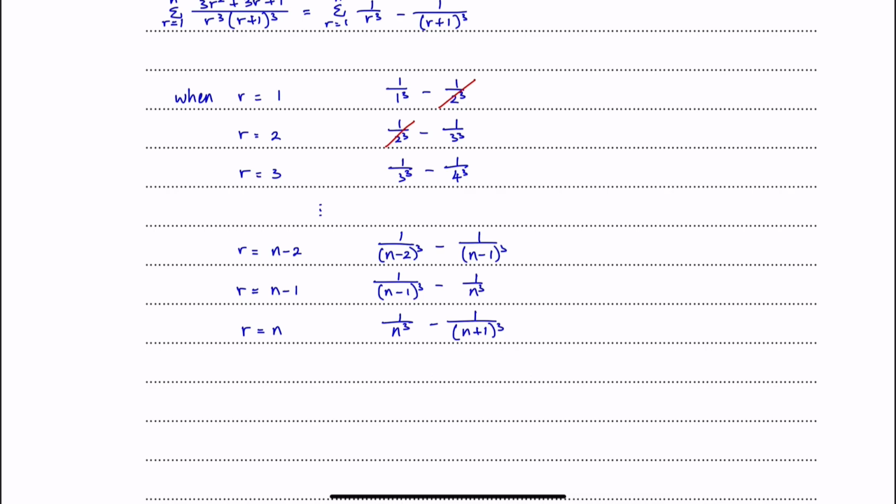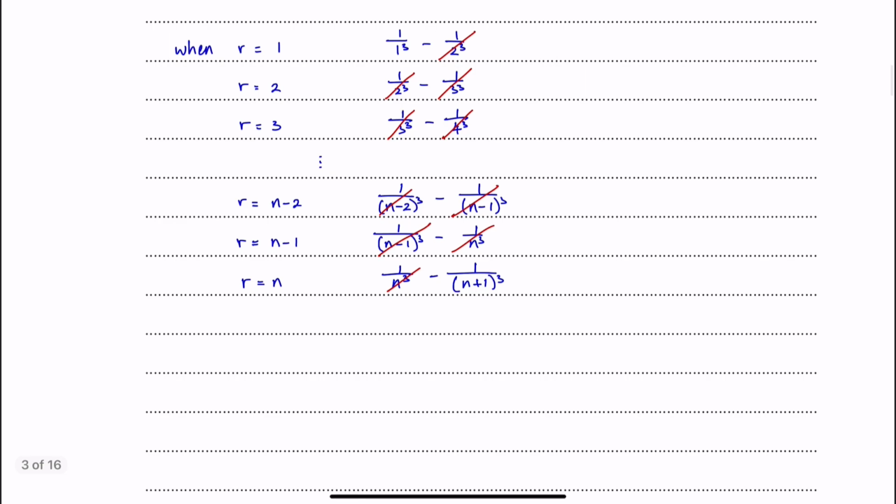So this plus this is equal to 0. And this can be cancelled off with this. This can be cancelled off with something here, and so on and so forth. This and this, this and this. So we are basically left with these two.